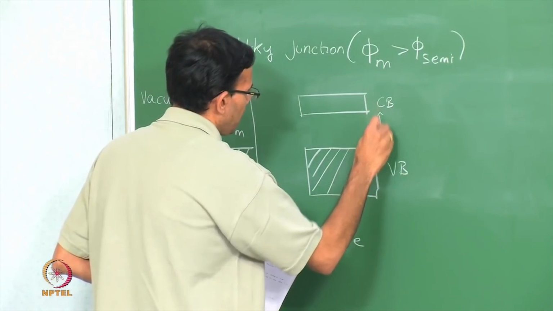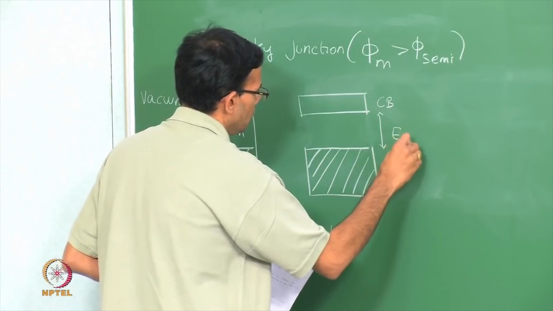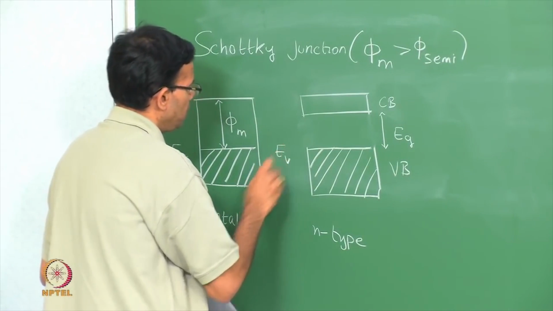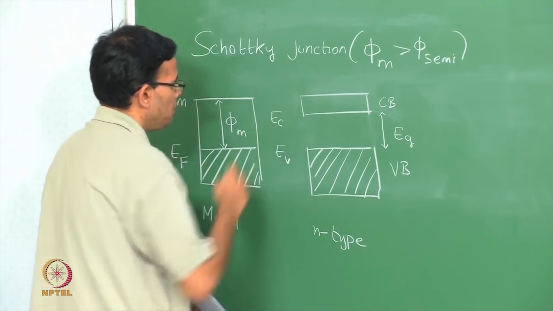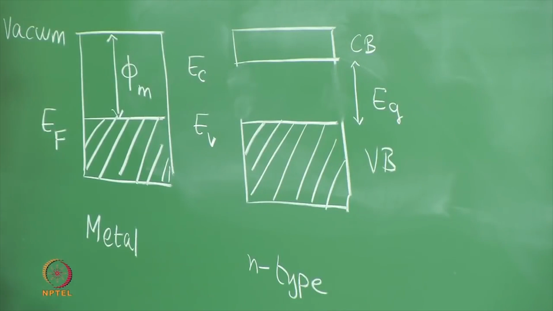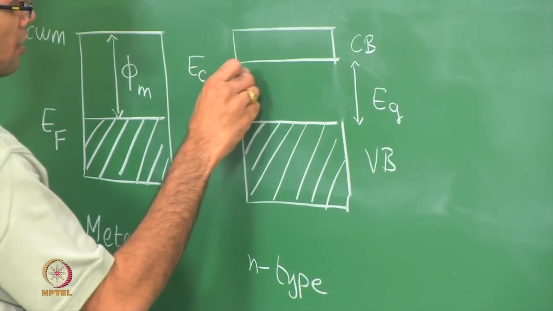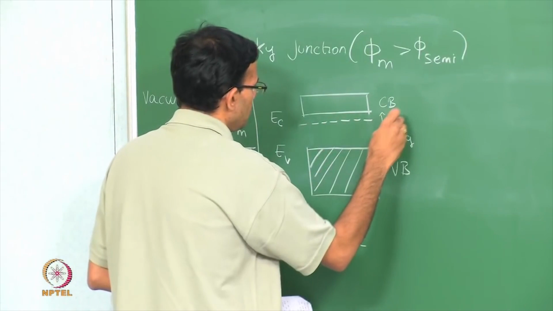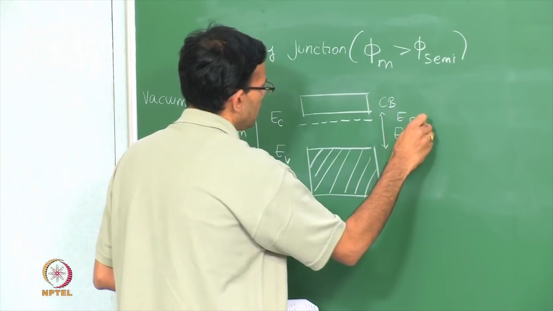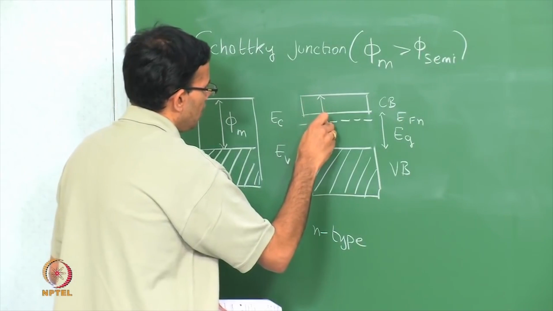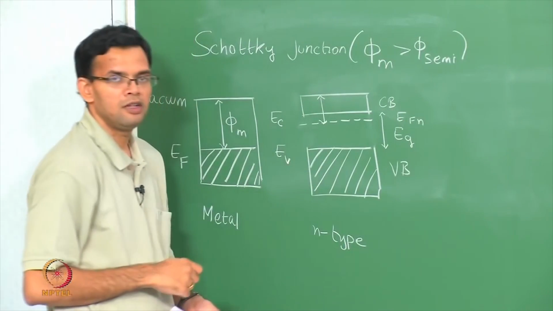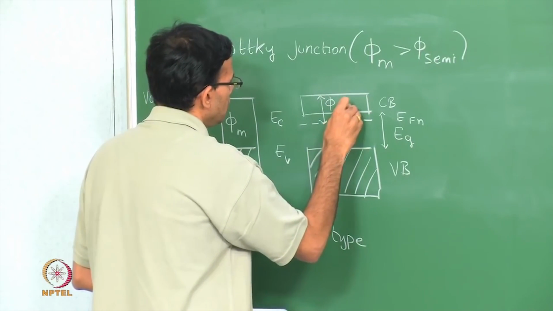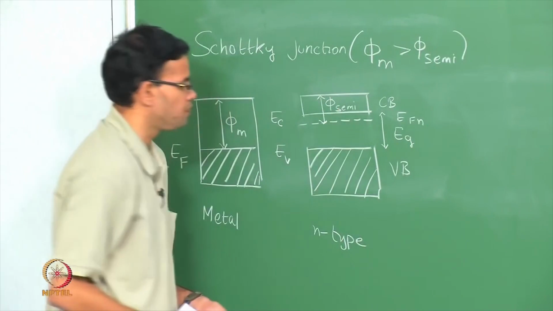So, this is the band gap Eg. We denote the top of the valence band as Ev, the bottom of the conduction band as Ec. This is an n-type semiconductor, so the Fermi level will be closer to the conduction band. Let me call it EFN, and the distance from the Fermi level to vacuum is the work function of the semiconductor.